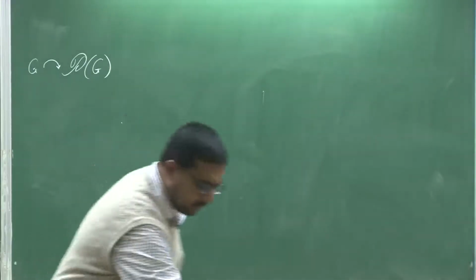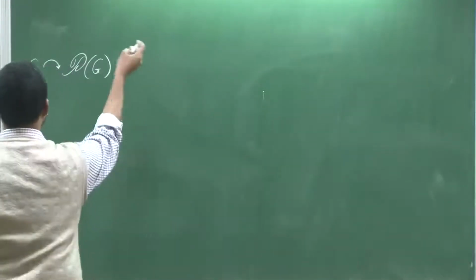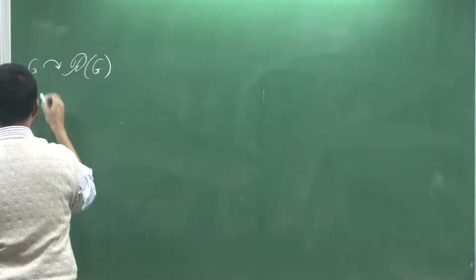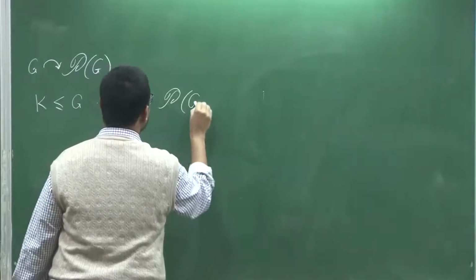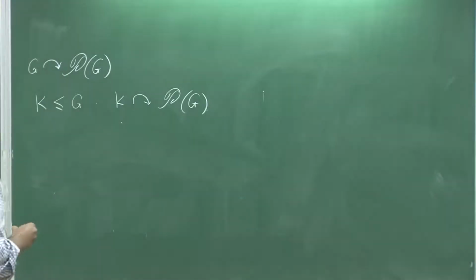So, G acts on the power set of G by left multiplication. Furthermore, if K is a subgroup of G, then K also acts on the power set naturally.